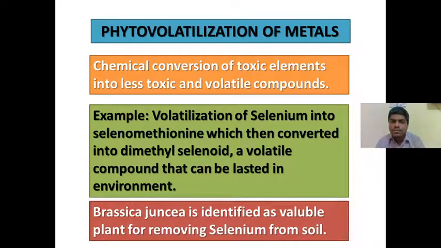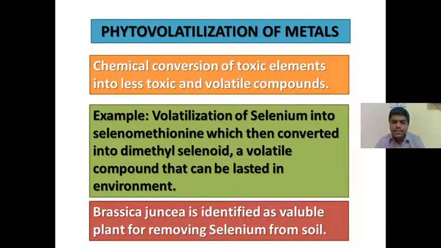Toxic elements means the elements which are present in a polluted or contaminated site. The plant will take them up and chemical conversion will be carried out of toxic elements into less toxic and volatile compounds. The best example of phytovolatilization of metals is Brassica juncea. In Marathi, it is called mohari.